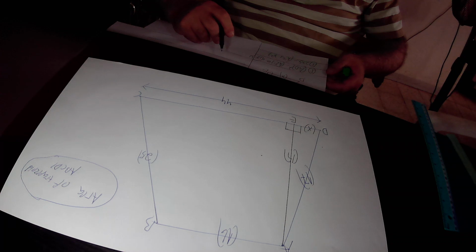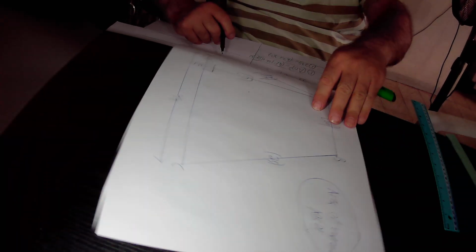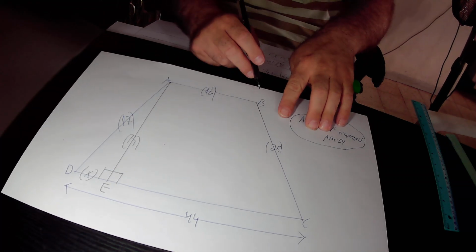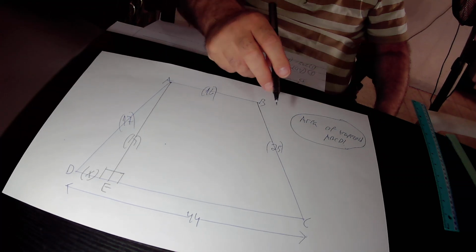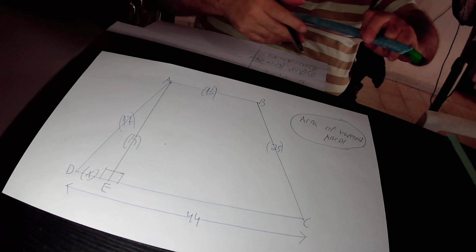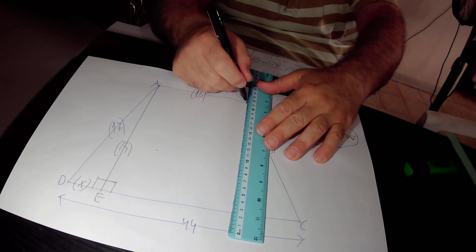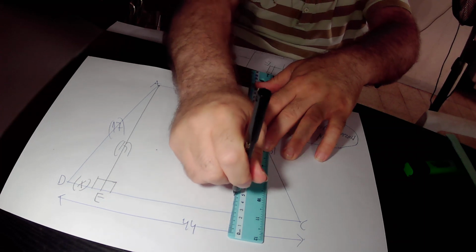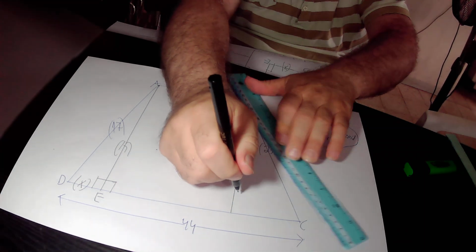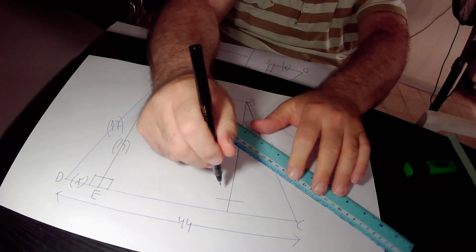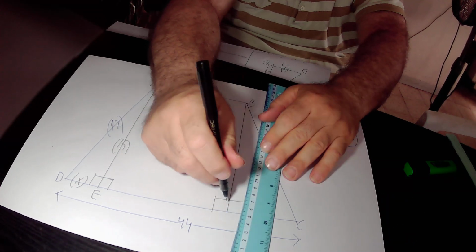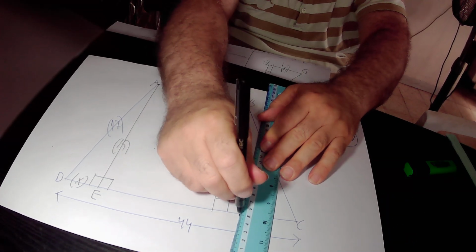In the next step, we will do another construction. That is to say, from this point, point B, we will draw a perpendicular on DC. So this angle equals 90 degrees, and this angle also equals 90 degrees according to our construction.